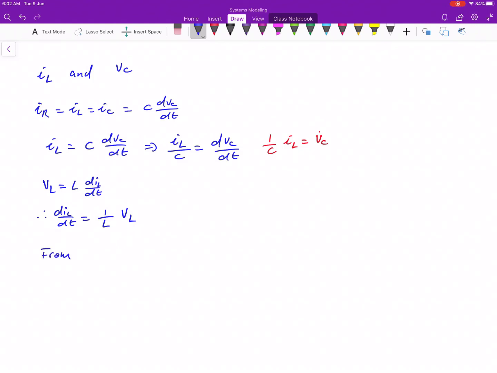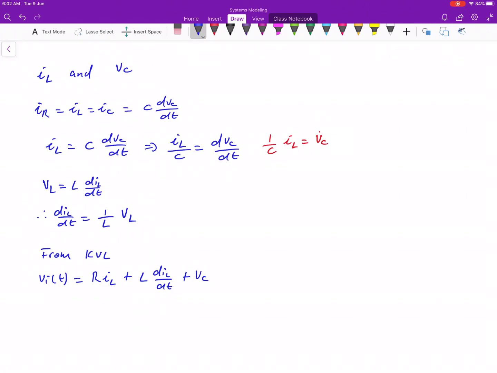Again, from KVL, we have our input voltage is equal to the voltage across the resistor, R times the current, which is the same current going through the inductor and the capacitor, plus L dIL dt plus Vc.